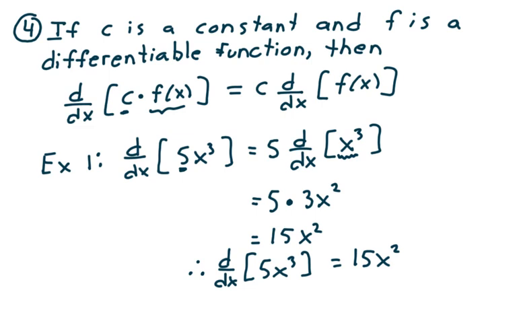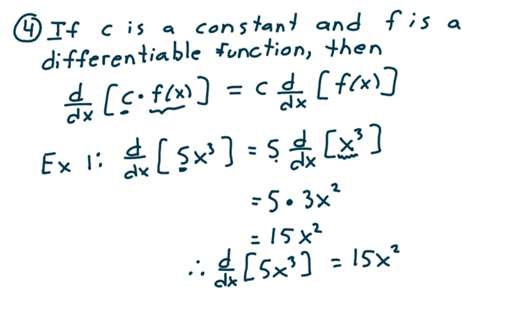So in this example, we have the derivative of 5x cubed with respect to x. And so here, I'm going to take the 5, it's constant, I'm going to pull it out in front and take the derivative of x cubed with respect to x. Now, the derivative of x cubed with respect to x is 3x squared.